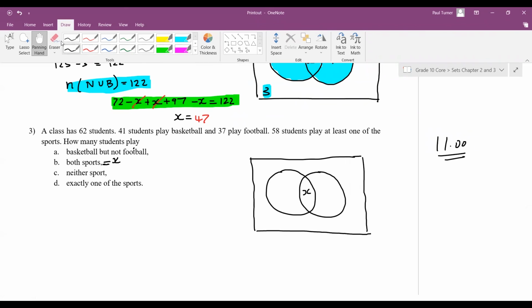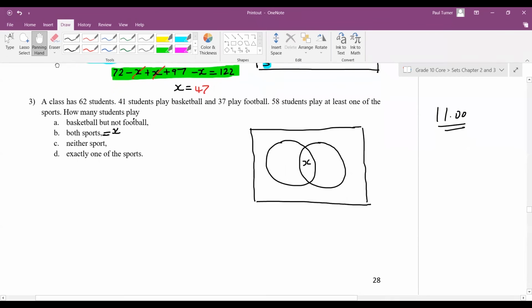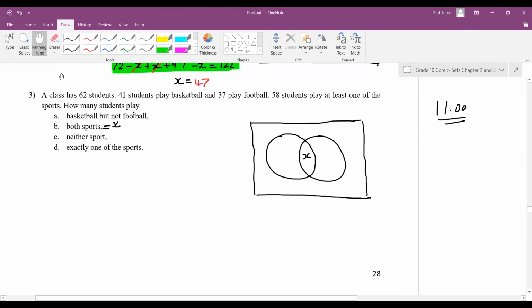Okay, so for question 3, we can have a look. Well, if you want to keep working, I'll do the answer here anyway. So we've got X, and we should call this basketball and football, I guess. Okay, 62 in the class. 58 play at least one of the sports.